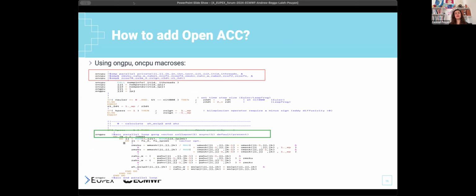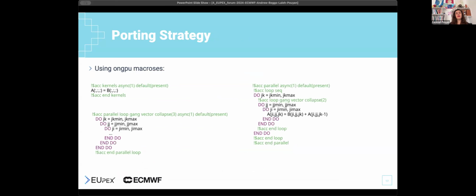Our porting strategy to GPU is based on using on-GPU and on-CPU macros, which allow us to keep both OpenACC and OpenMP directives, as you can see in this slide, within the code of the modules. So users are able to compile either for CPU or for GPU. Here in this slide, I put some examples of the on-GPU macros that we use.